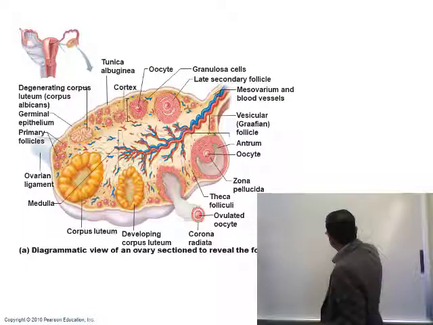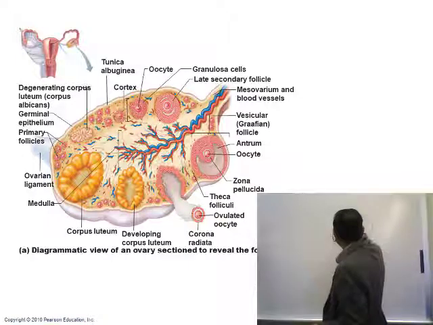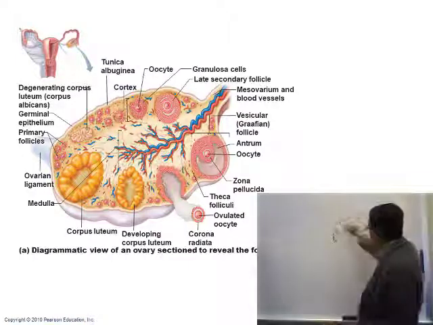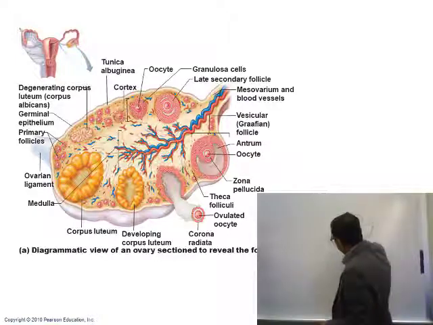In the outer part, you will see many round structures. And these round structures are filled with cells, many cells. And these are called the follicles.